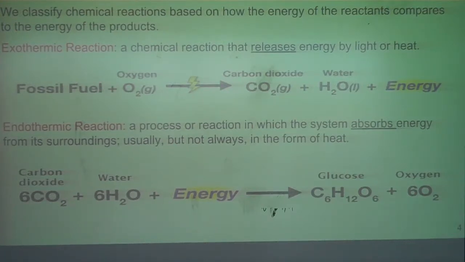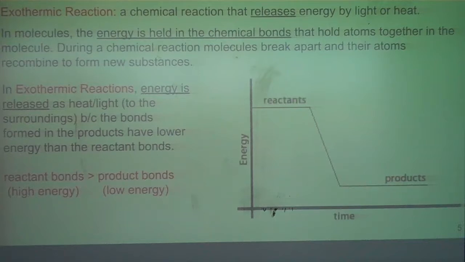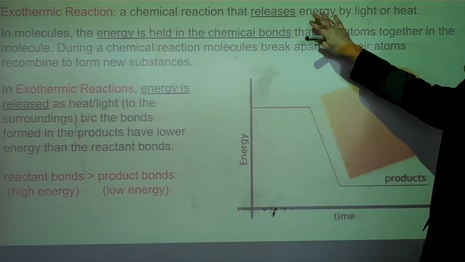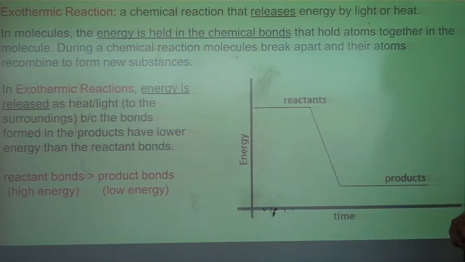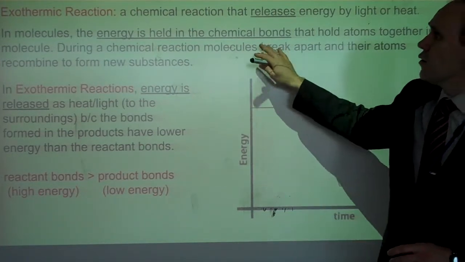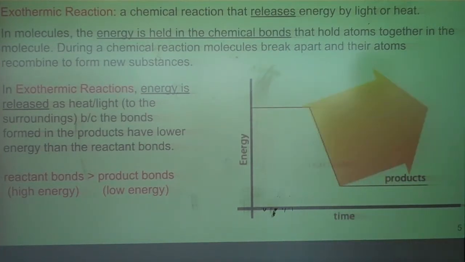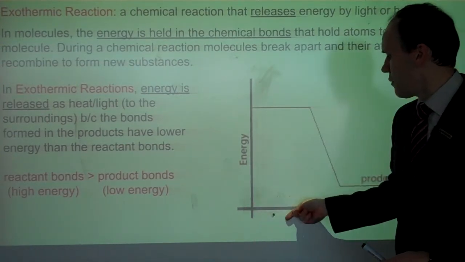Now, I'll just change quickly and we'll have a look at this. Now, you've seen this before. Stop wasting time. Okay. Exothermic reactions release energy as light or heat. Okay, you know that energy is held in chemical bonds. And I showed you this diagram once before. Do you remember? Yes.